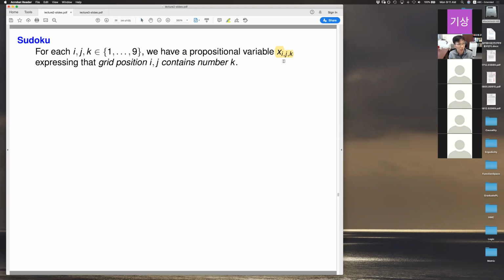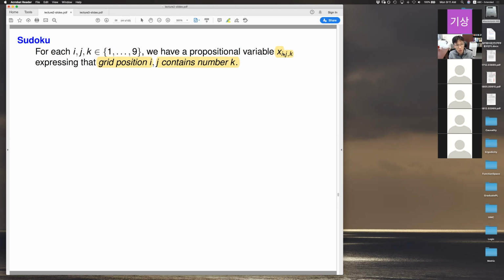And that meaning is: xijk is true if and only if the grid position ij contains the number k. Okay, so this xijk really says the ij position in the board will contain the number k. So that's what this Boolean variable is encoding.